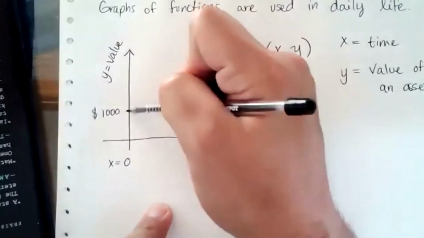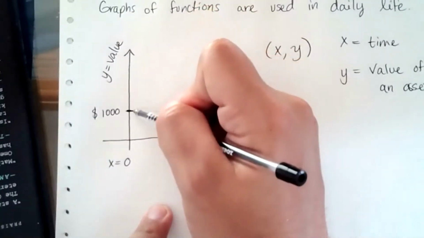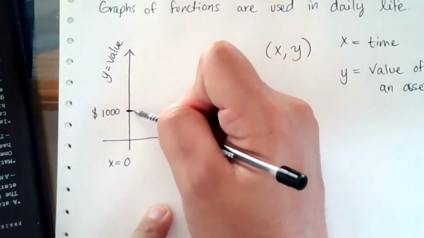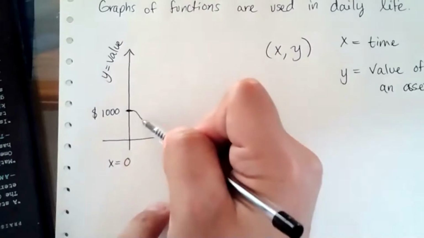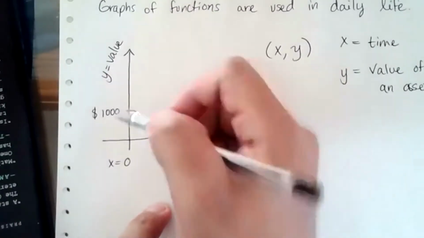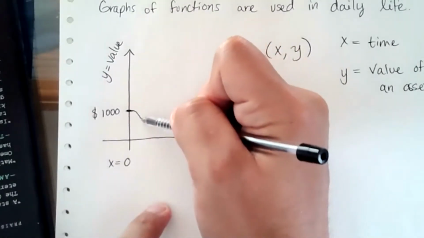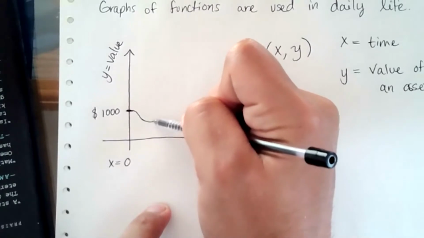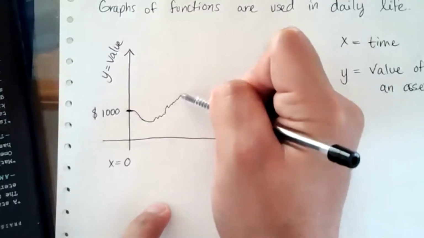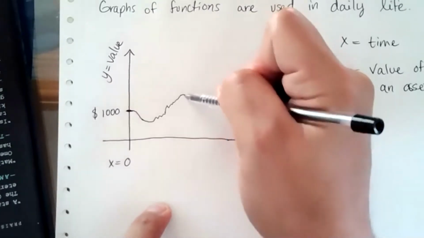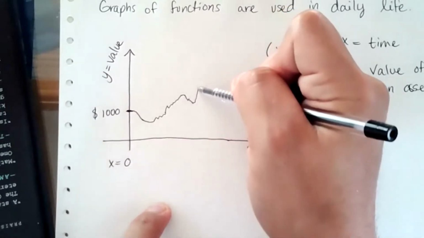So you could throw it in here, and then maybe in the first couple of days, the value of your $1,000 investment goes down, right? Because the market maybe took a hit, but then maybe the market's a little bit noisy and then it fights its way back up. But markets are noisy, so it might go down a little bit, it might go back up.